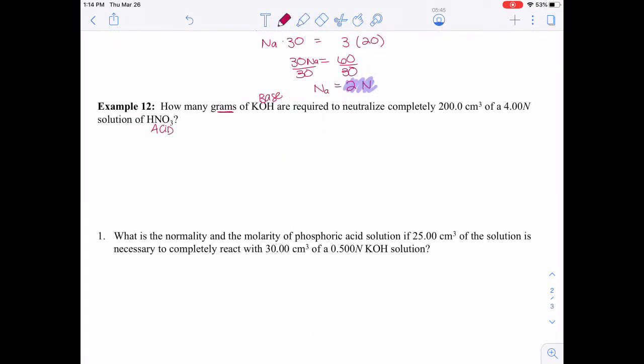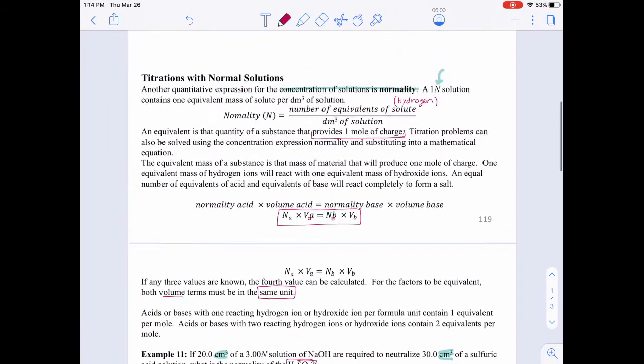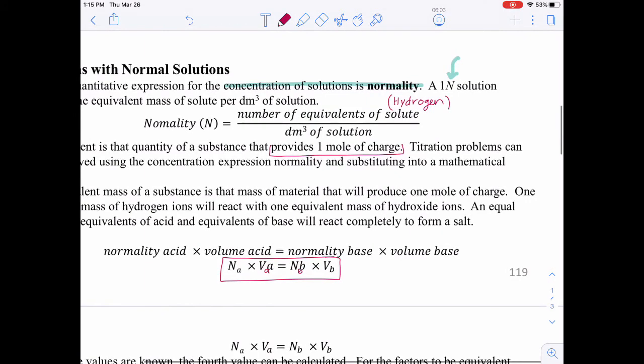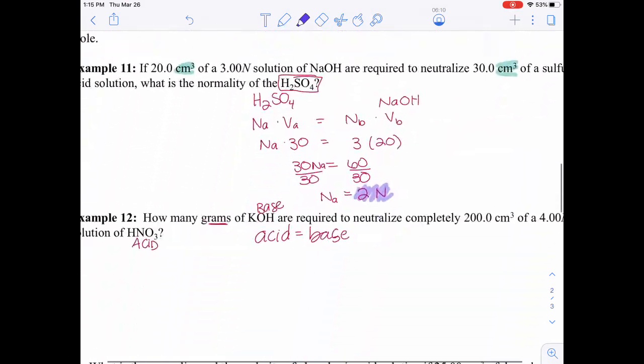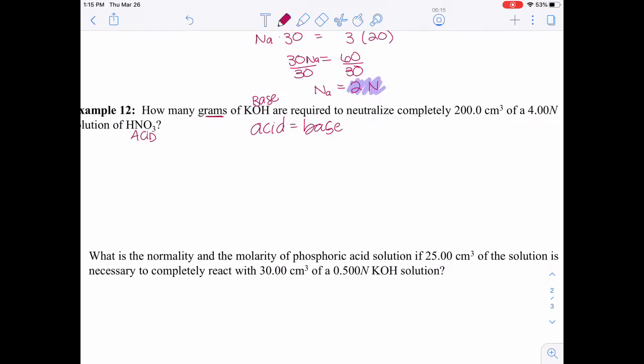Since this is a titration, we know that the acid and the base are going to be equal in the end. So I'm going to use this equation, number of equivalents of solute per cubic decimeter, to start out with. I have a 4 normal solution of my acid.